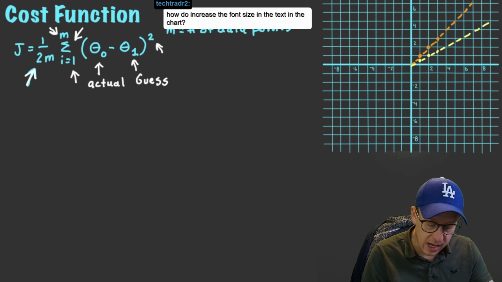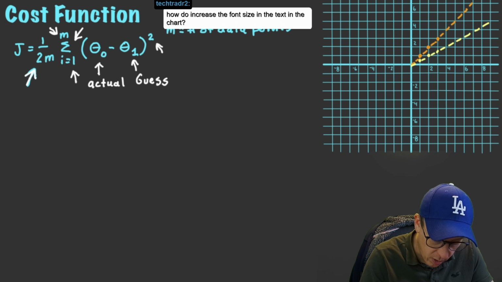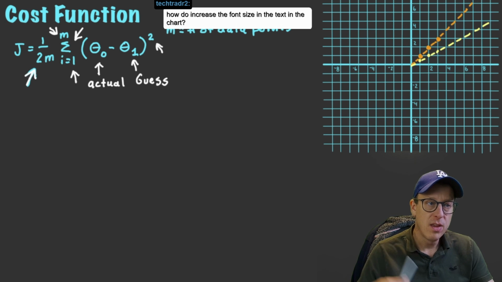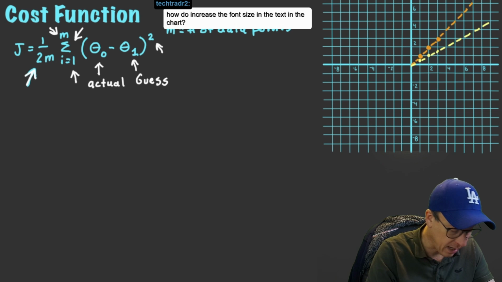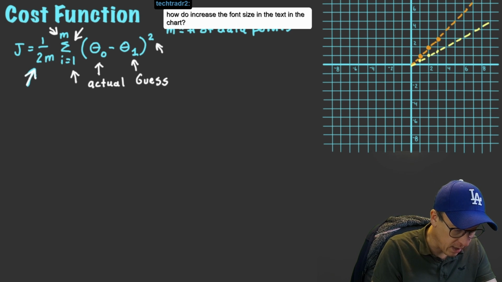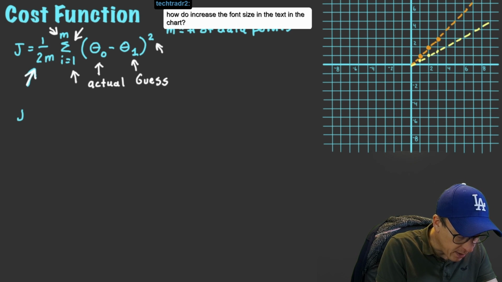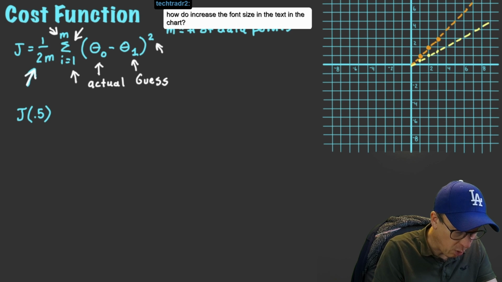Now, how can we take these data points, the actual values that we're working with, and our guess, and figure out the cost function for it just purely using regular old mathematics? We're going to use our cost function we see here, increasing in value for each point by 0.5, and this is going to be equal to 1 divided by 2m, this exact same function.